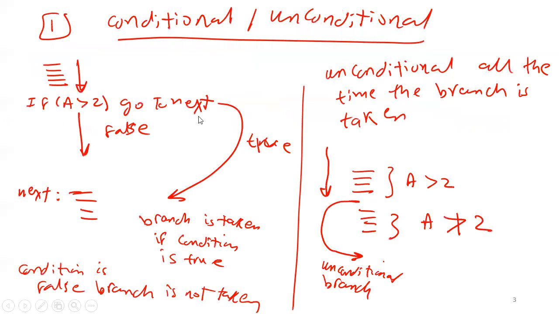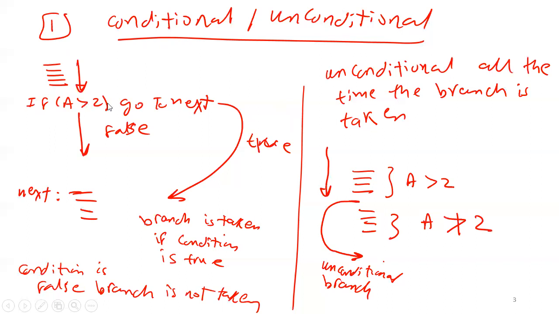So let's start with conditional and unconditional. I'm gonna teach you two types of branches. One of them is called conditional, the other one is called unconditional. You can tell from the English name, so it's not difficult to guess what these branches are doing. In case of conditional, there is a condition.